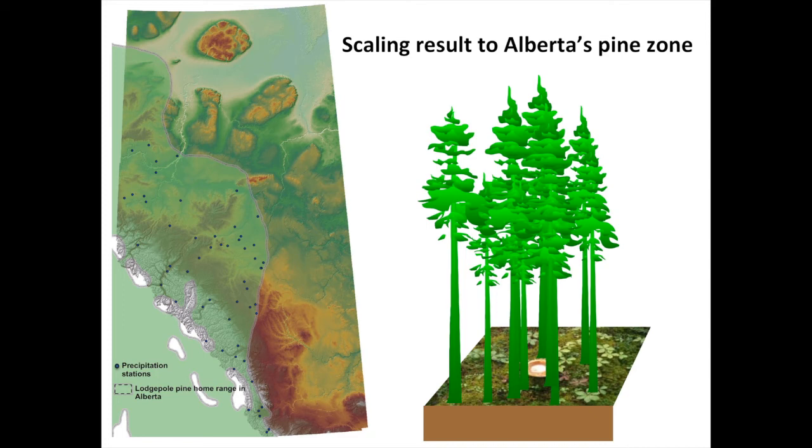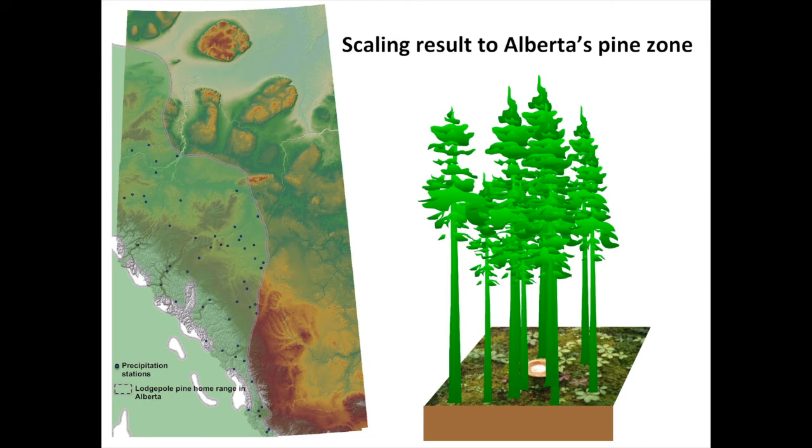Okay, so now, change of gears. Now we have these relationships, we've seen these relationships on an experimental basis. So now we can scale these results to Alberta's pine zone. We've seen this map several times in the last week.